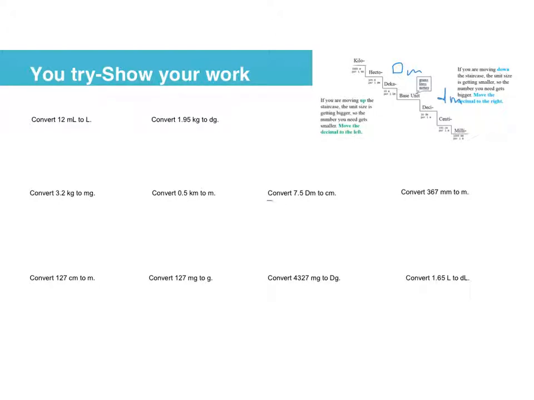So for example, here, going from decameters to centimeters, you're going from deca to centimeters. So that's going to be 1, 2, 3 steps down. So 1, 2, 3 steps over, 7,500 centimeters.